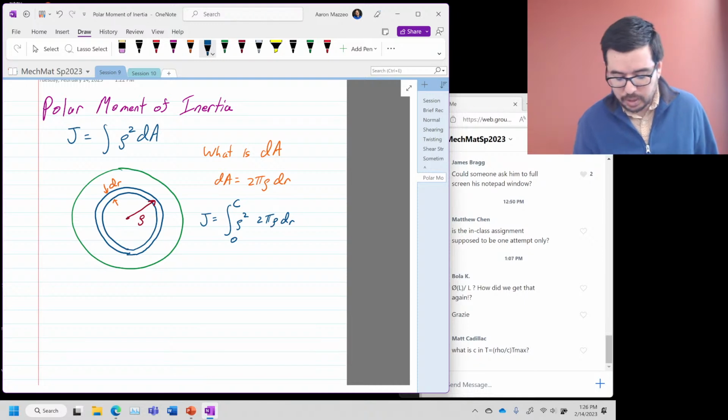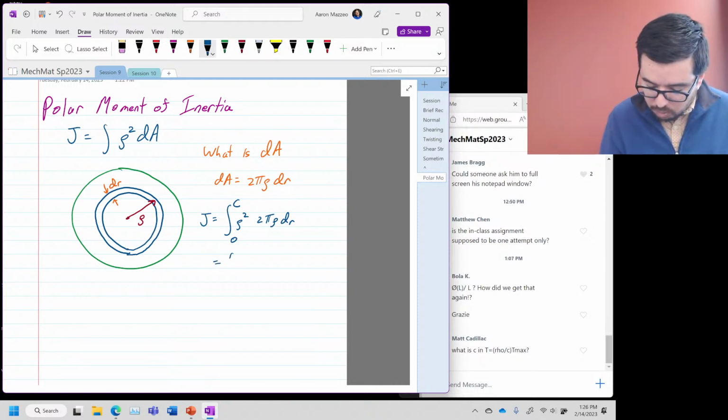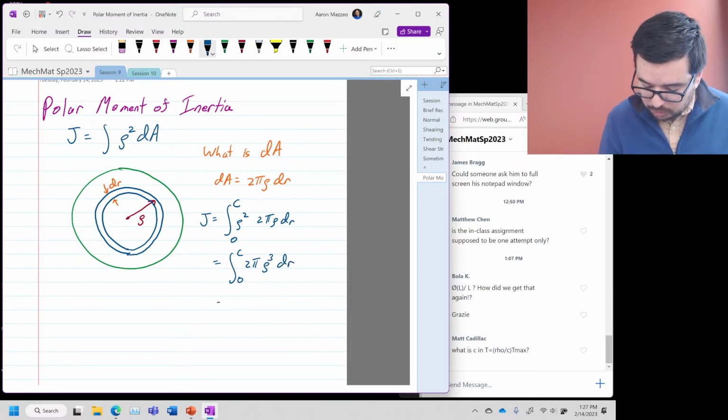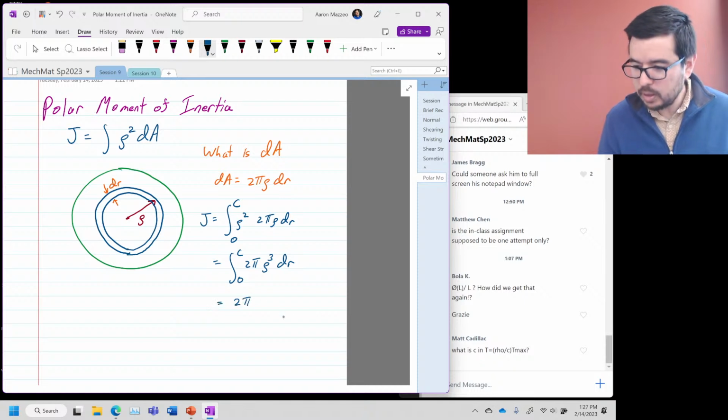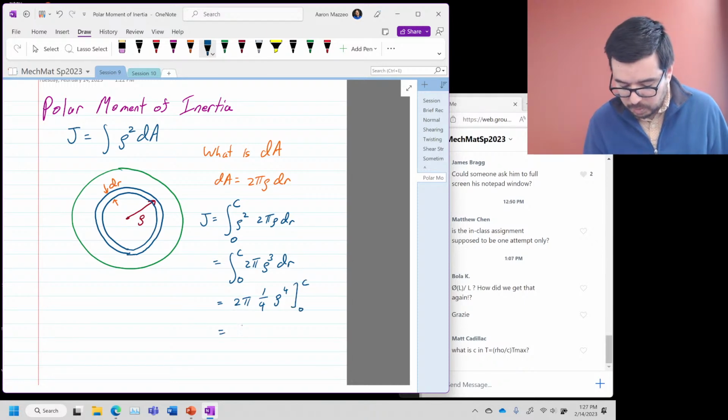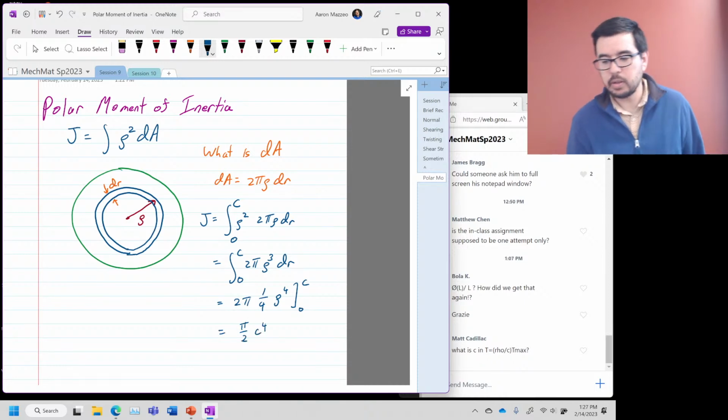There we go. So what do we have? We have the integral from 0 to C of 2 pi rho cubed d rho. This will come out to be 2 pi times 1/4 rho to the 4th going from 0 to C, and this is pi over 2 C to the 4th.